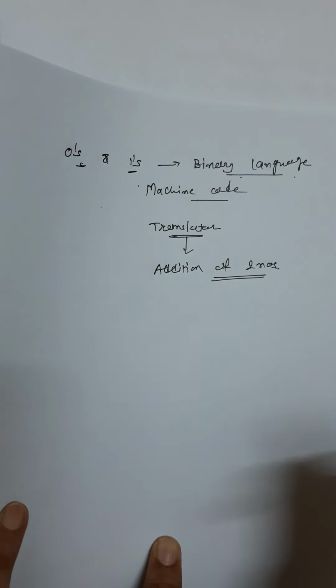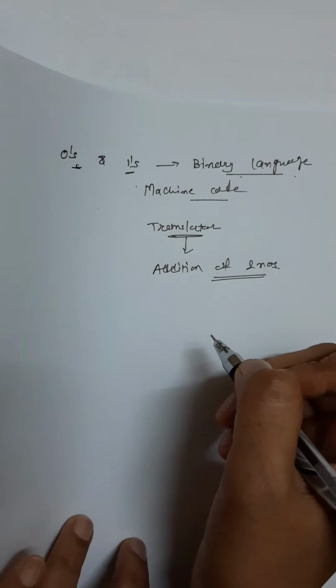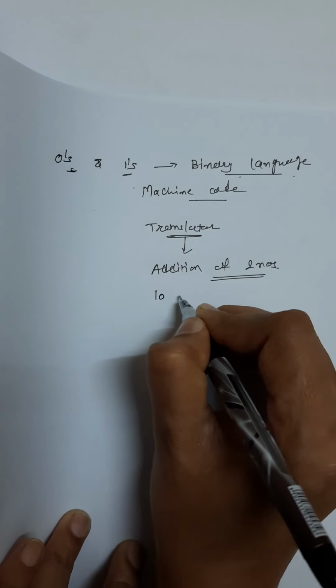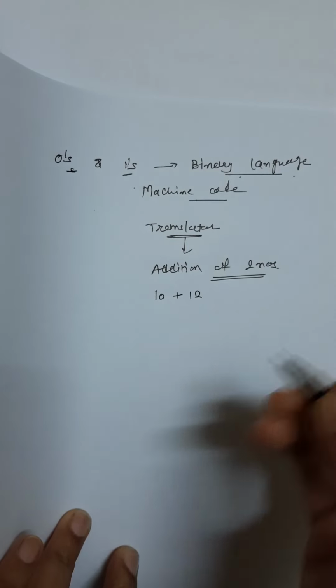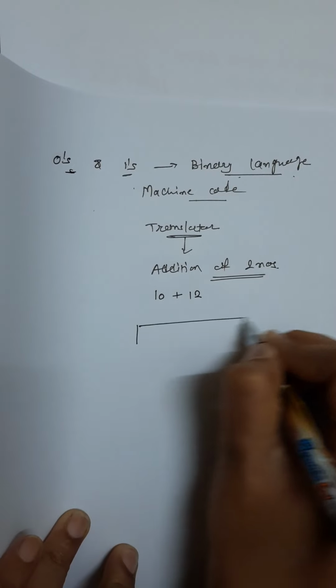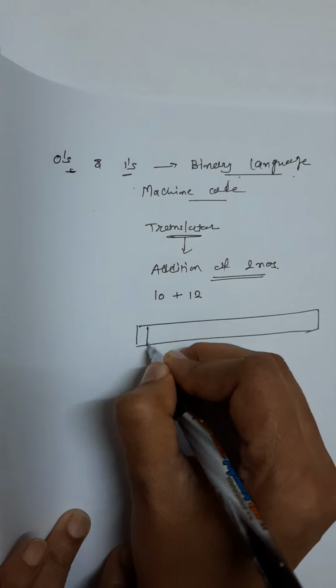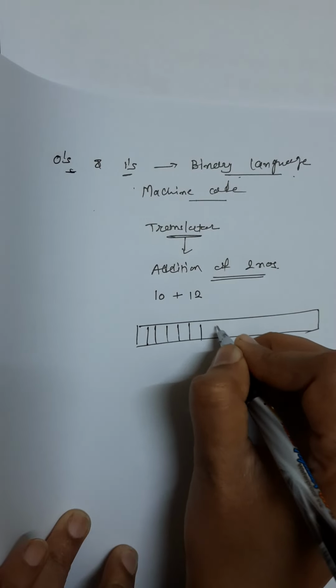I want to perform the addition of two numbers, and I want to write the code in binary language, just to perform the addition of 10 plus 12. Say the instruction set contains 20 bits.